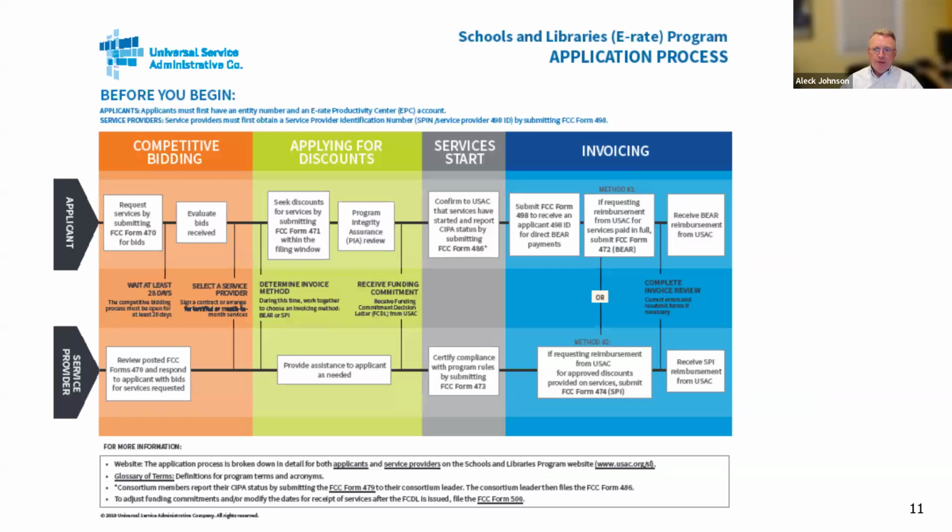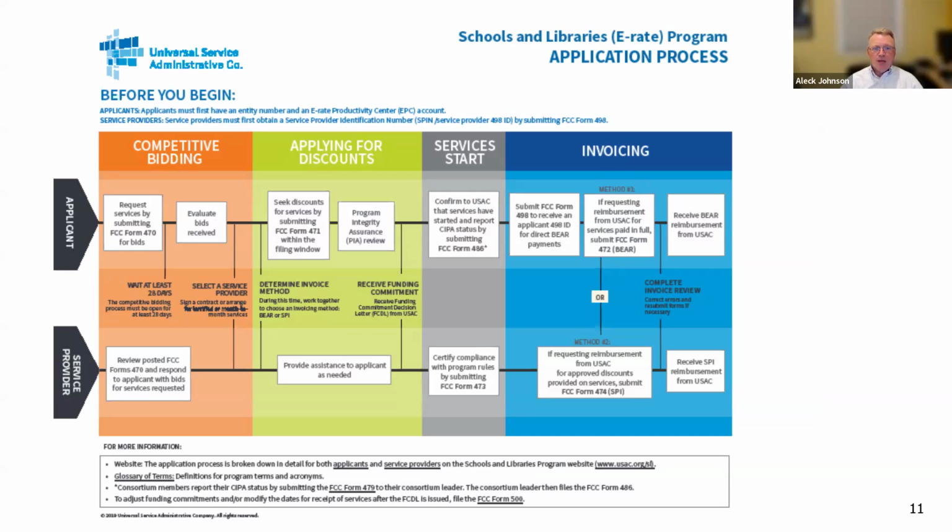I always include this image in my trainings. This is the official USAC application process chart. The important thing to keep in mind is that the applicant only does the stuff that's at the top. So right now you are in the middle of the application process, which is the green vertical section.